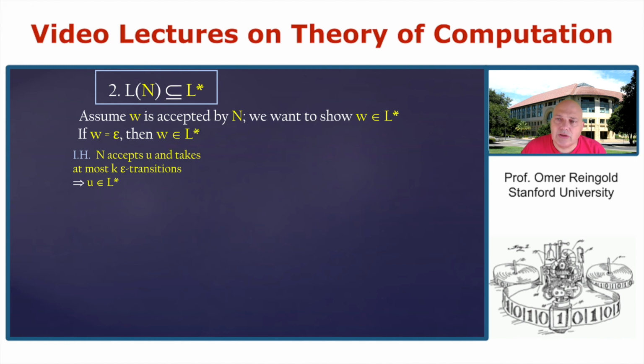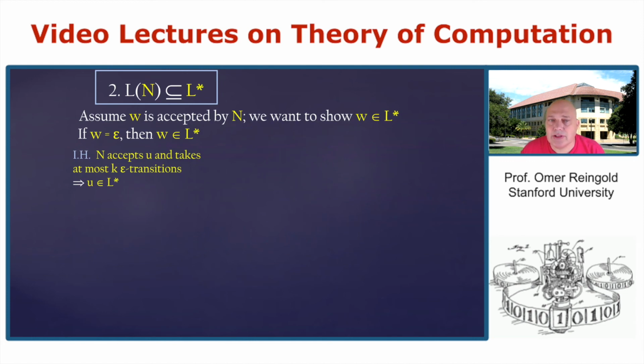Now, what about the base case? Well, the only string by construction that can be accepted with 0 epsilon transitions is the empty string.